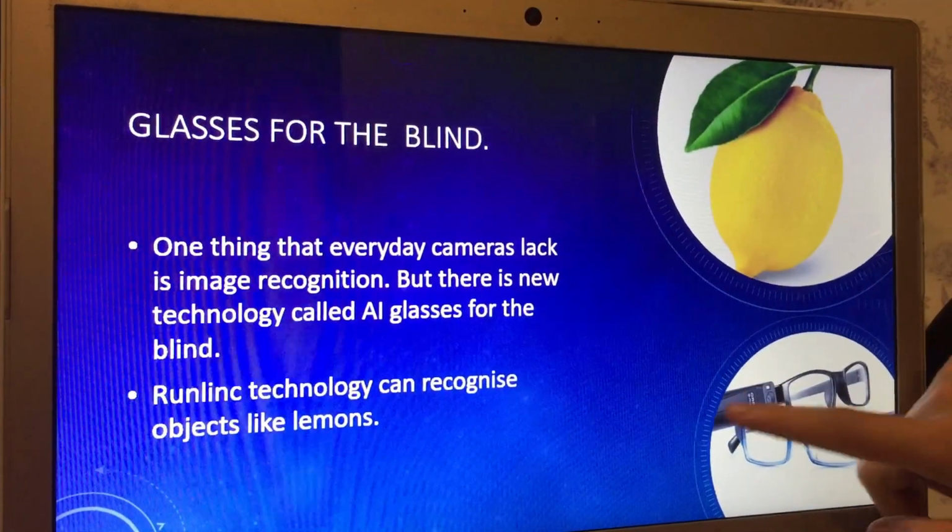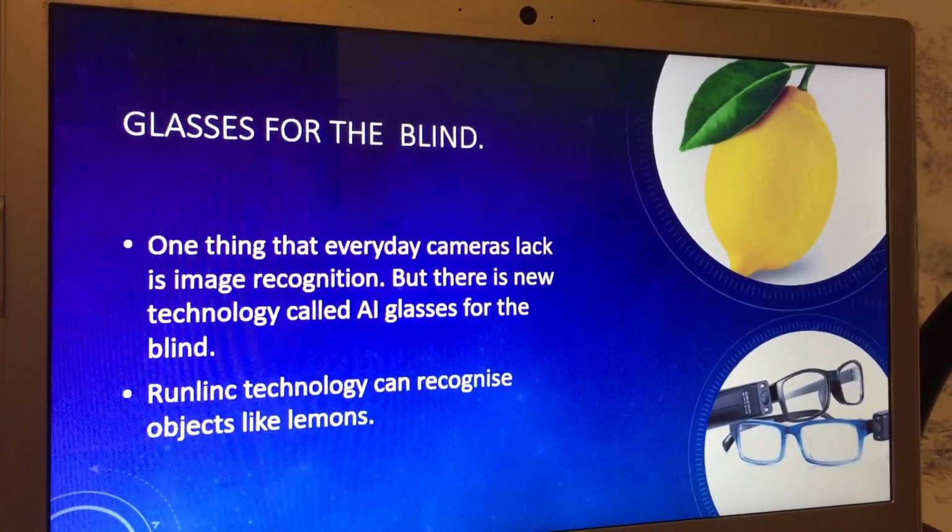How these glasses work is you wear them like normal glasses, but there's a camera on the side. When you're reading a text, the camera follows what you're reading and then reads it out loud to you. Or if you're walking and you look at someone's face or look near their face, then the recognition camera will tell you who the person is.